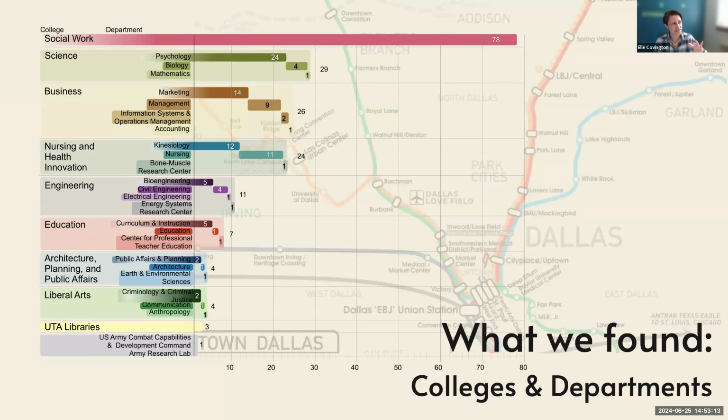You can see the breakdown here: a lot in psychology specifically, a lot in business, nursing and health innovation, as you would imagine, but just completely overwhelmed by social work. This sort of validated me, as the social work liaison at the time, feeling like this was a major need for this college, and it absolutely was.